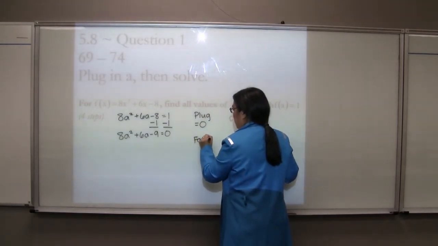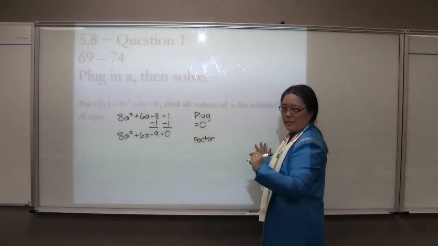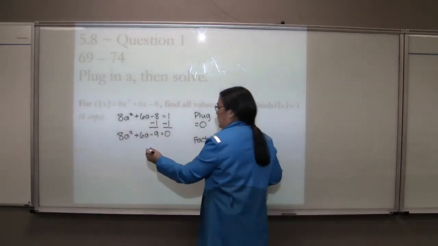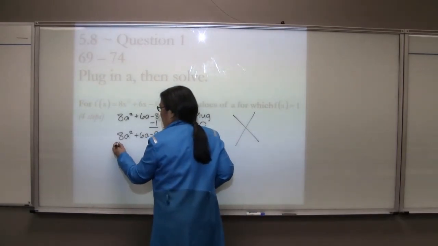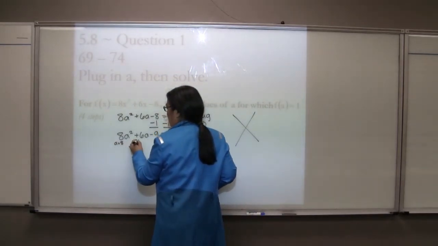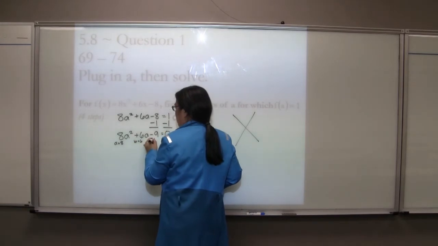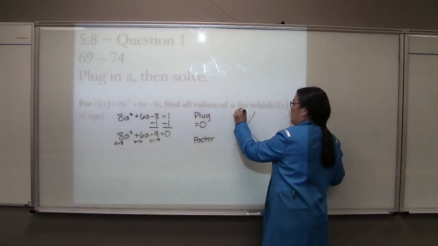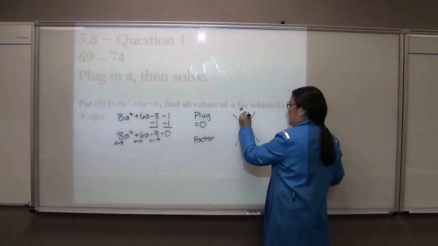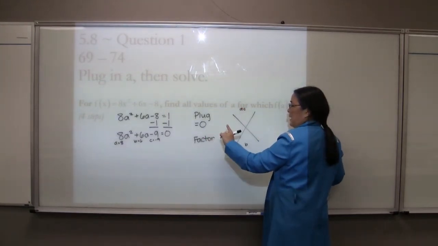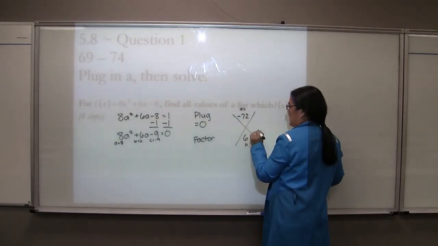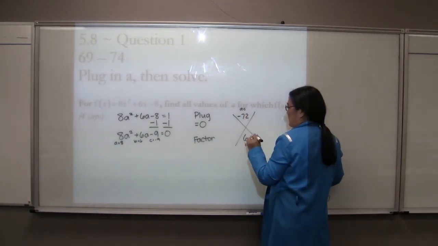Now, some people might be able to look at that and factor it, but if you know your a equals 8, your b equals 6, and your c equals -9, we can on the side make this as easy as a, b, c using our snowflake method. A times c is -72, b is 6. 72, breaking up to get to 6.